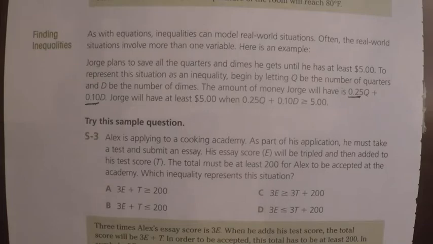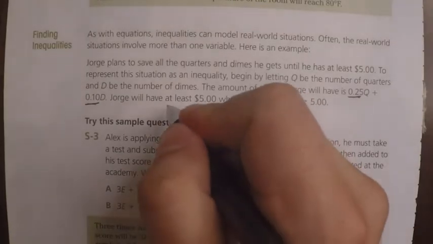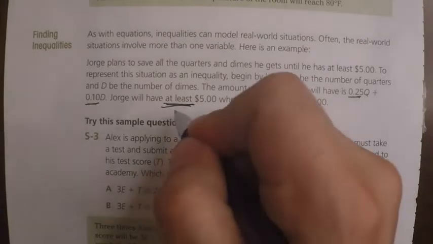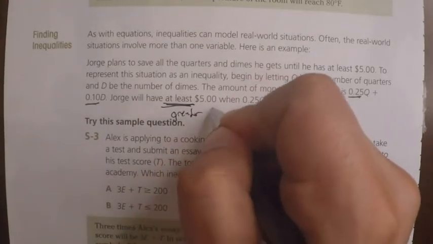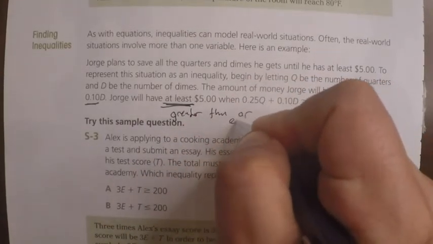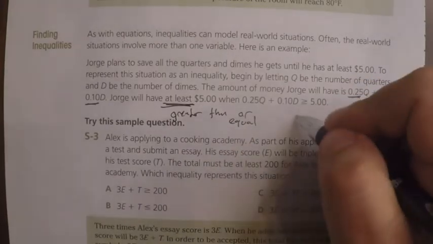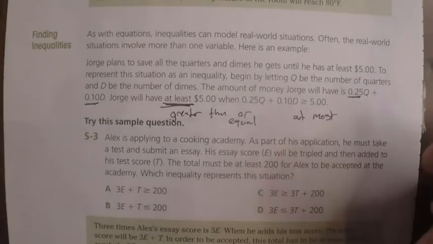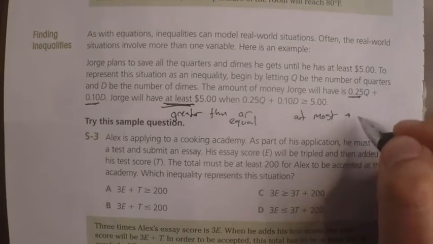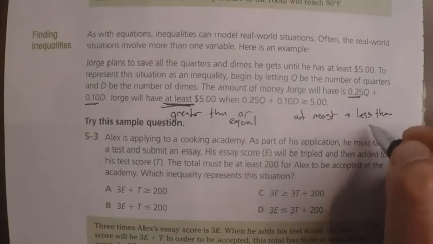Jorge will have at least $5 when 0.25Q plus 0.1D is greater than or equal to 5. So when we see the words at least, that is greater than or equal. If we see the words at most, then that would be less than or equal.